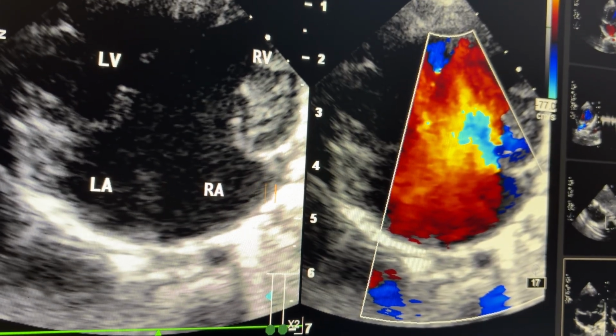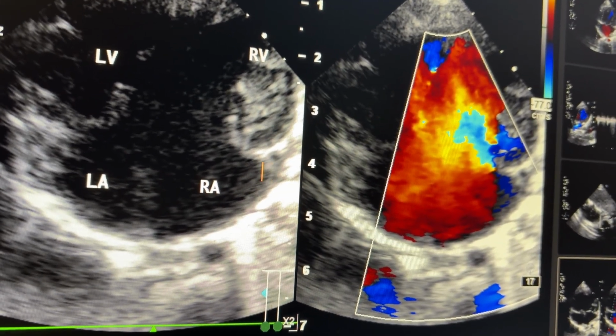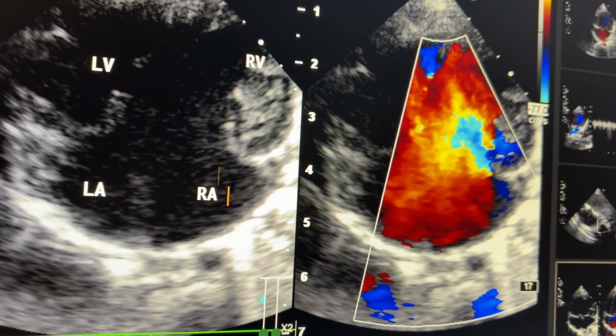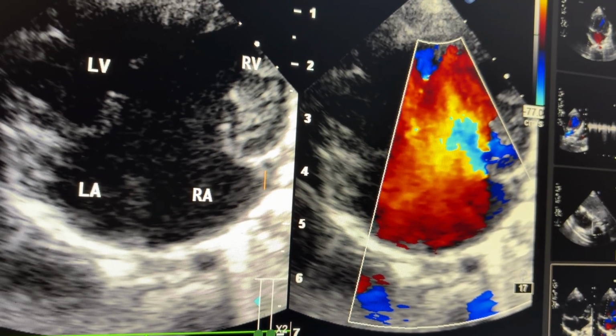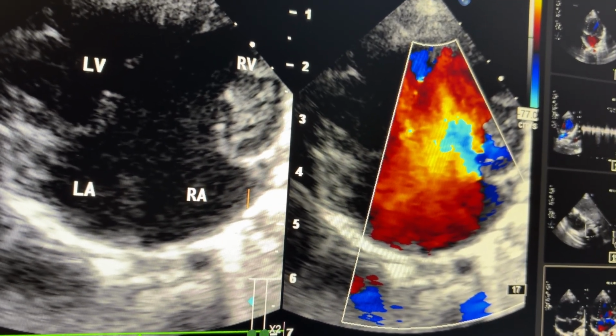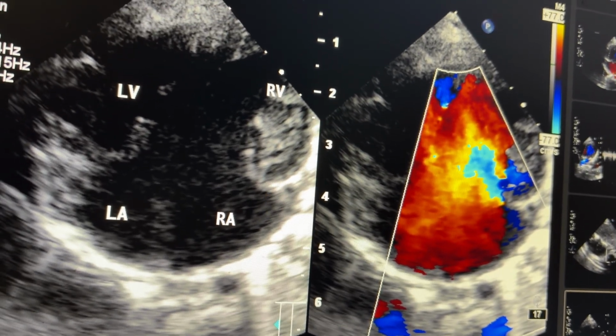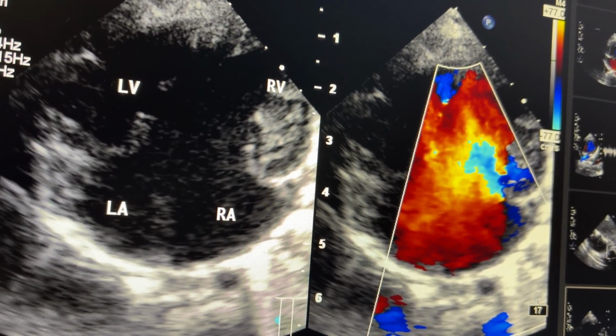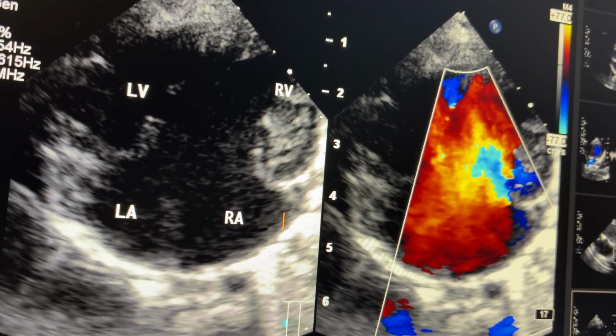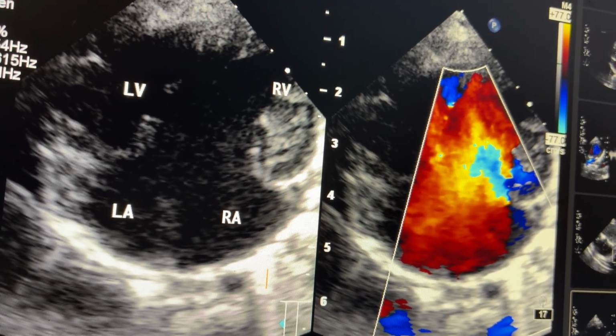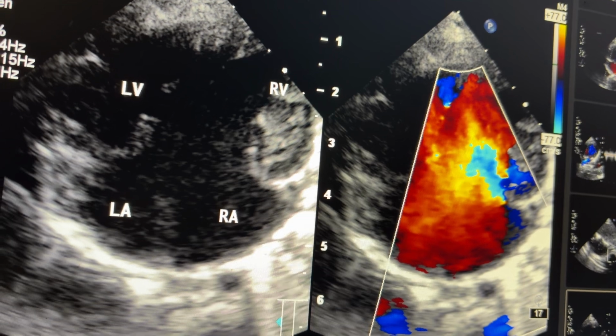And in left atrial isomerism, both appendages have the morphology of the left atrium. So this is called left atrial isomerism. In case of left atrial isomerism, what do we get? Interrupted IVC, azygous or hemiazygous continuation. That is the point.